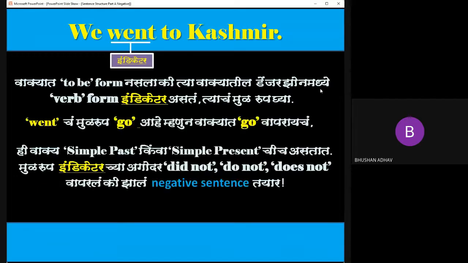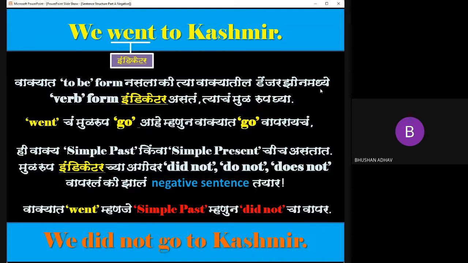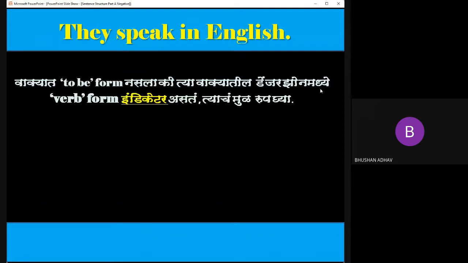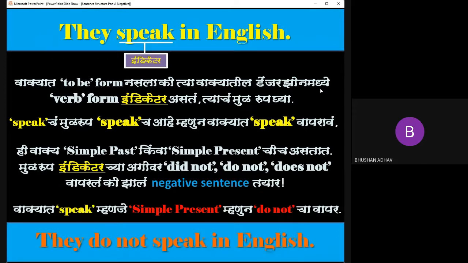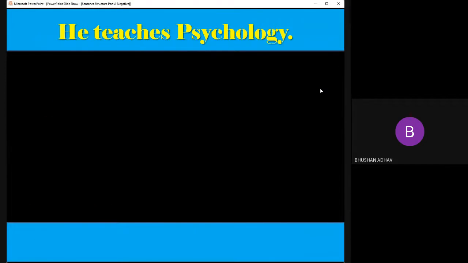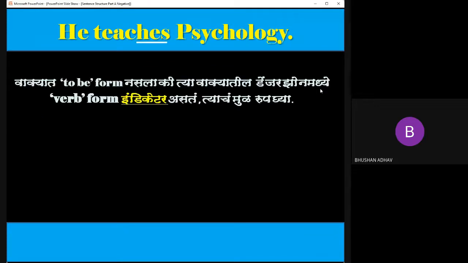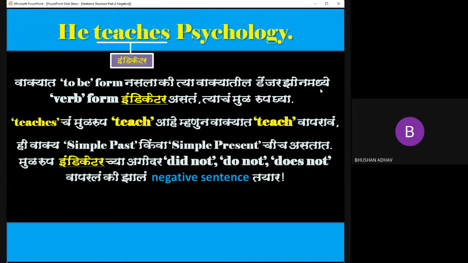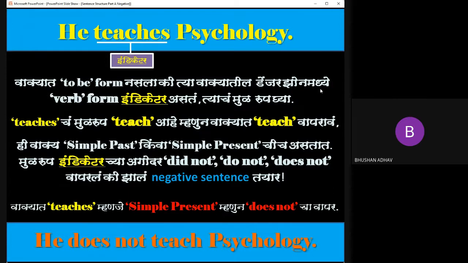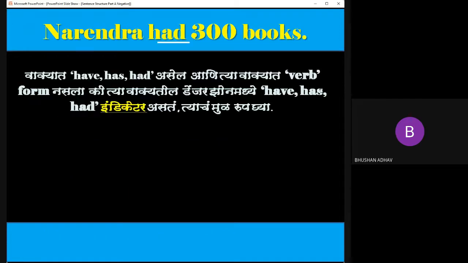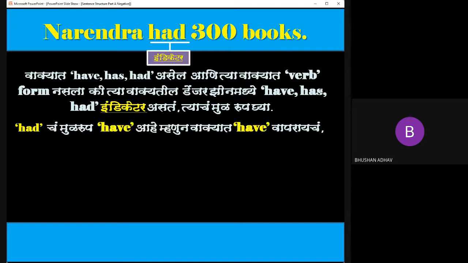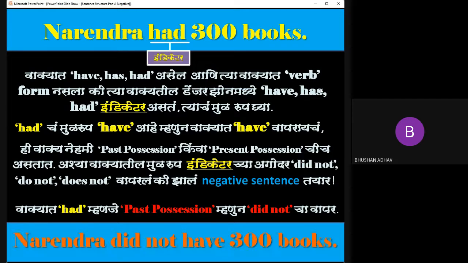So went is over there. Change it into did not go. Speak is a V1. Change into do not V1. Then he teaches psychology. So teaches into does not teach. So Narendra had 300 books. Narendra did not have 300 books.